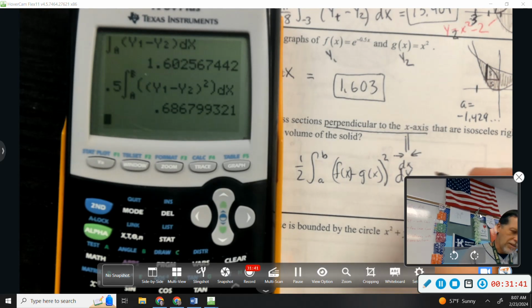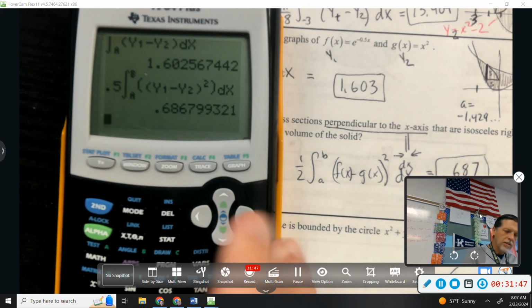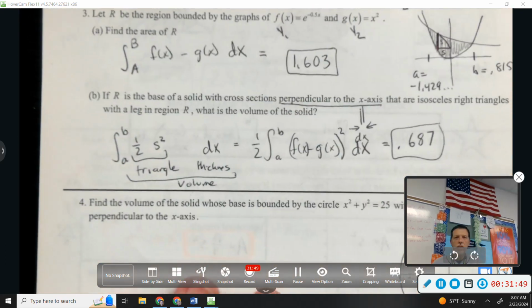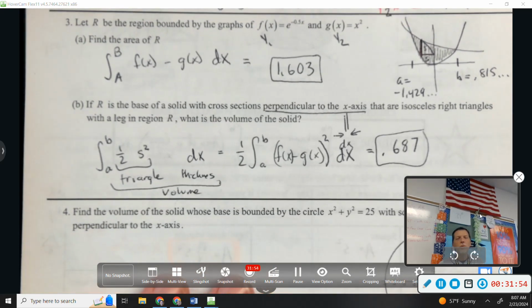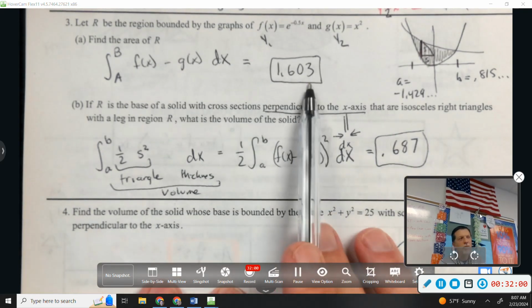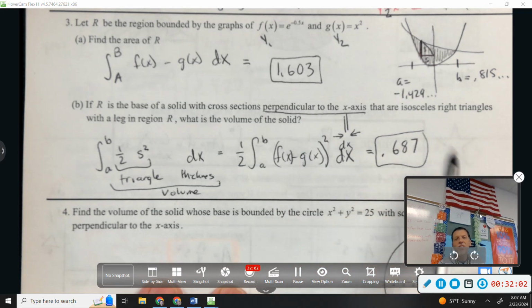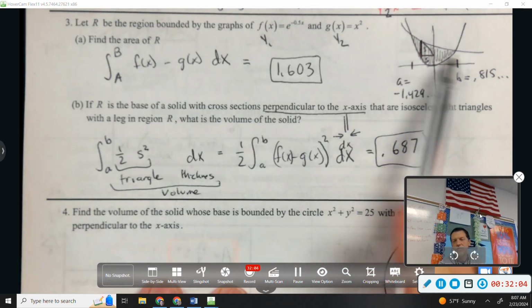And so that volume is 0.687. When these show up on free response questions on the AP test, they're almost always like this, where you have the area first, and then you find the volume of some weird shape.